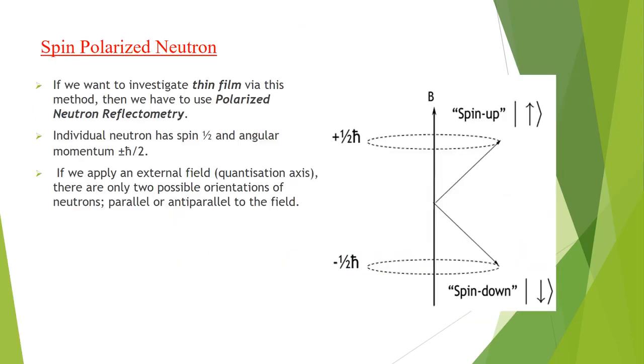Dear student, this lecture is the continuation of the previous lecture 3.6, in which we were discussing neutron diffraction, in which neutrons were used as a source instead of the X-ray beam in X-ray crystallography.